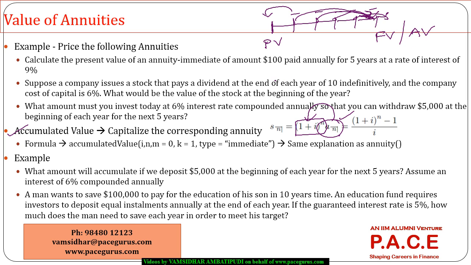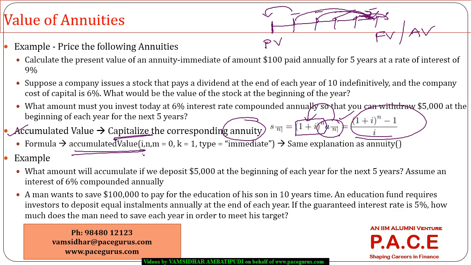So how much is accumulated at the end of 5 years? Which is nothing but the annuity that I am getting, I am capitalizing it by multiplying with 1 plus I to the power n. I am putting a compound interest on top of it. So it works out to be again another formula. The advantage is the formula is more or less similar to your annuity formula, with all the same inputs. The only thing is I have to give the formula as accumulated value instead of annuity.